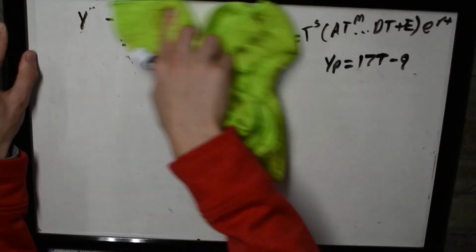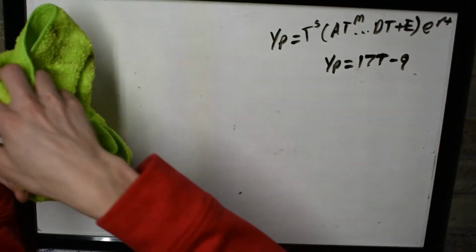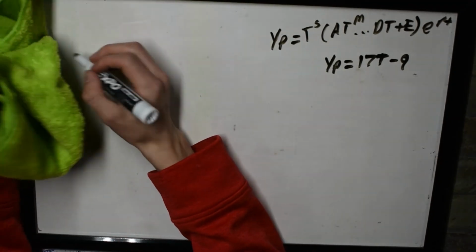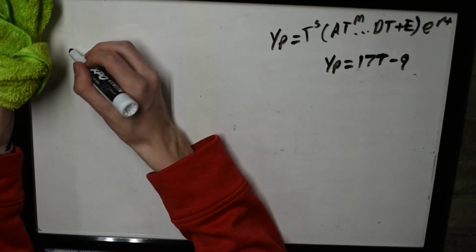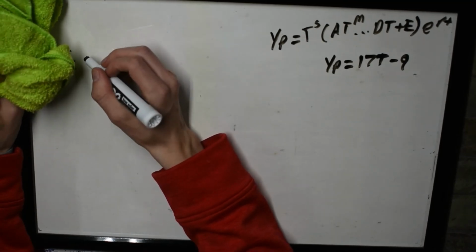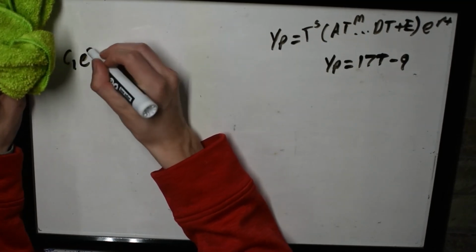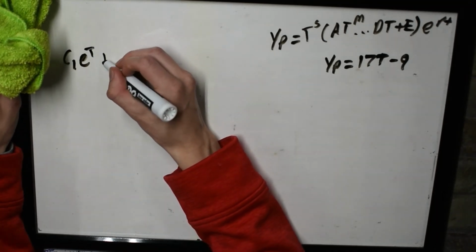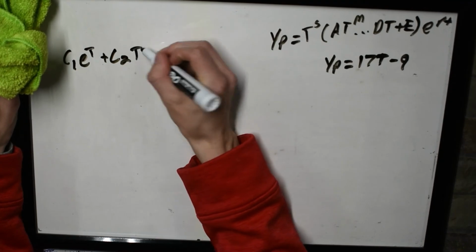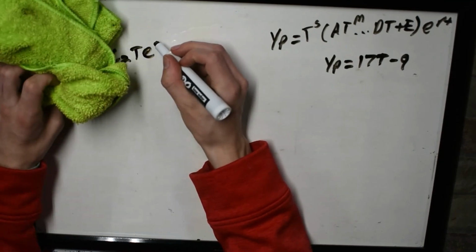And our general solution is the homogeneous solution, which I just erased, but it was c1 e to the t plus c2 e to the negative t.